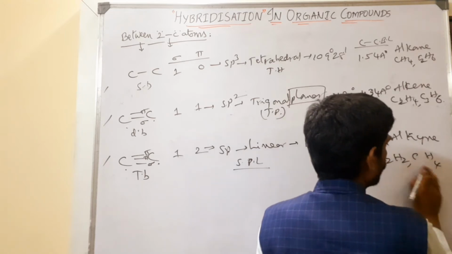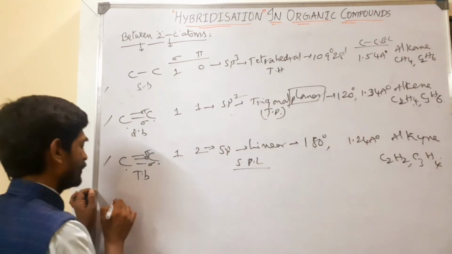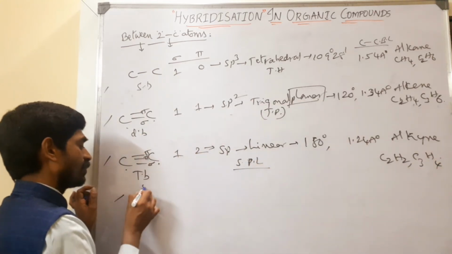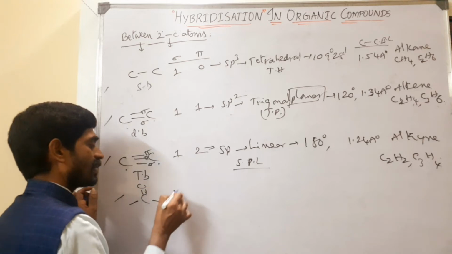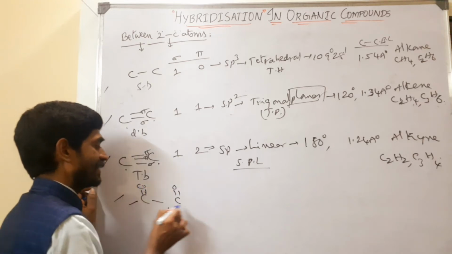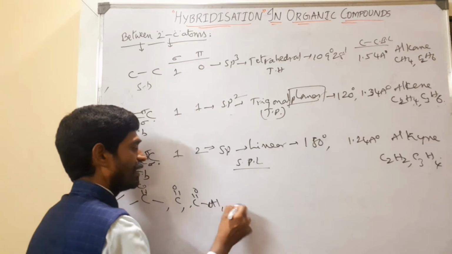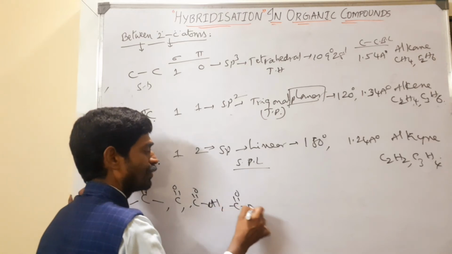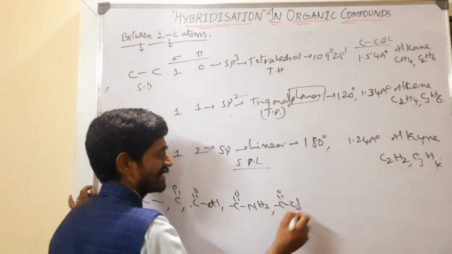And also we can find it in functional groups. For example, a carbon-oxygen double bond is there, as in carbonyl compounds: aldehydes and ketones, carboxylic acid COOH, acid amides CONH2, and acid halides COX.